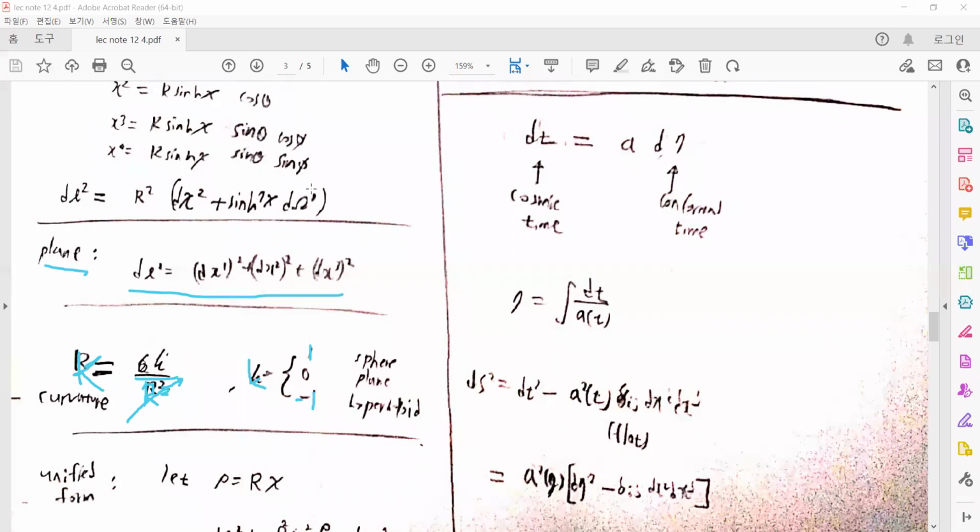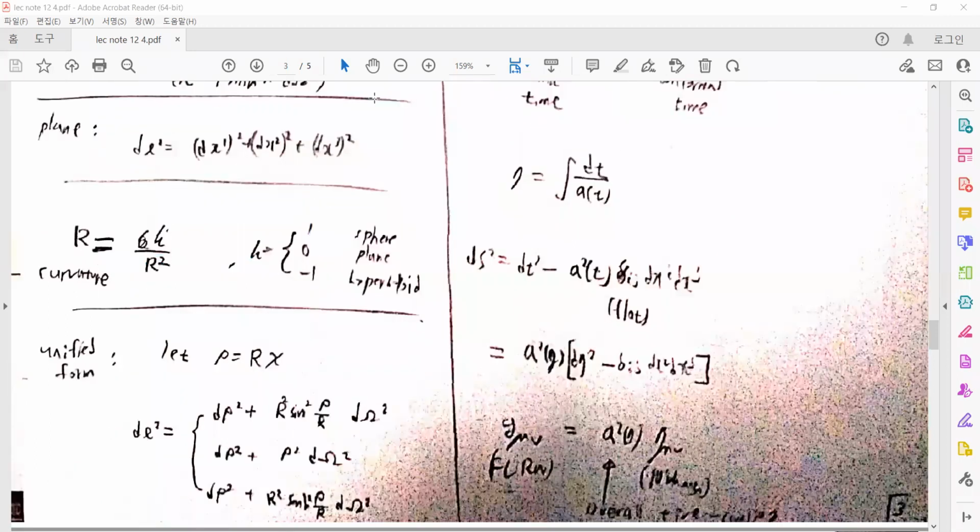And we will change the variable. Instead of chi, we will introduce the radius r. Then we can change the variables such as sine chi and hyperbolic sine chi. Instead of chi, it is a change of the radial coordinate.